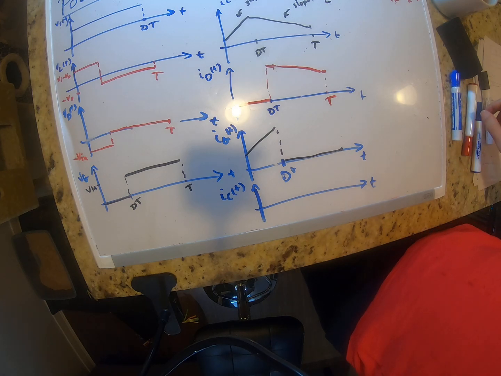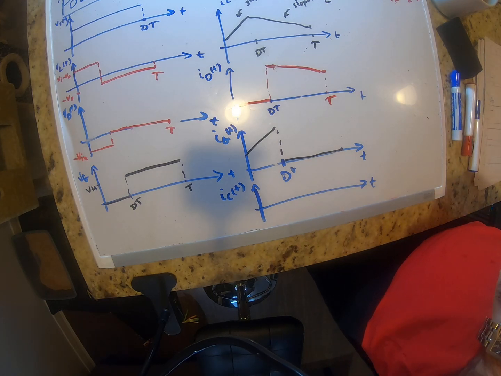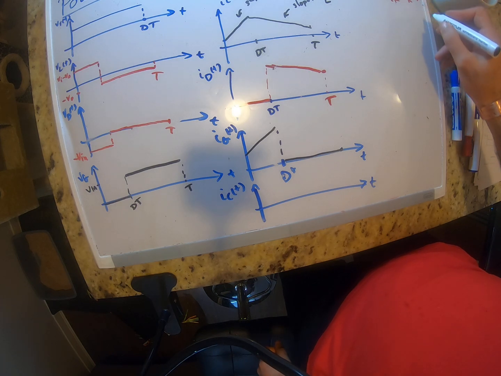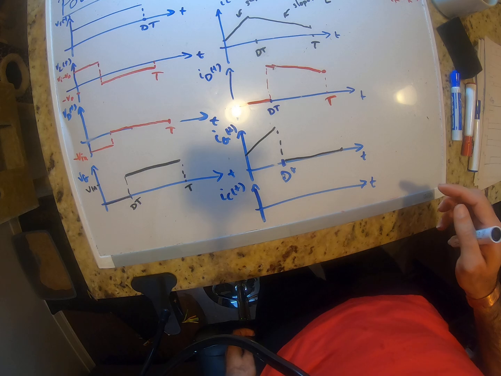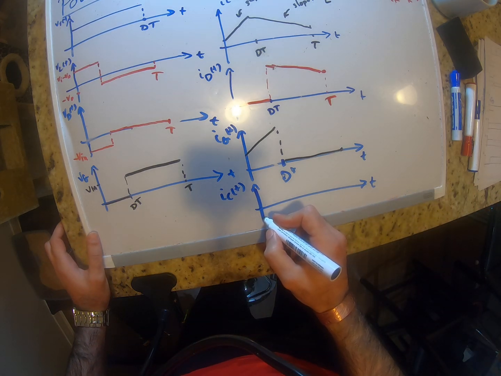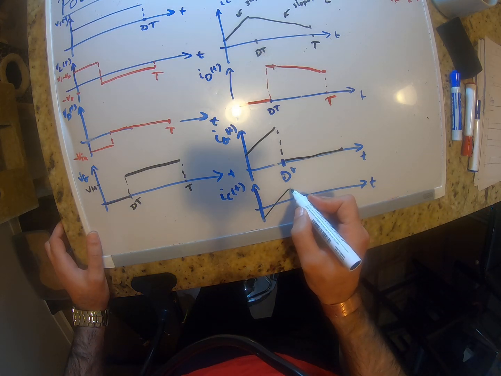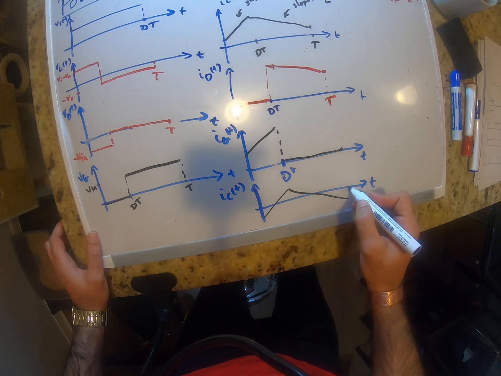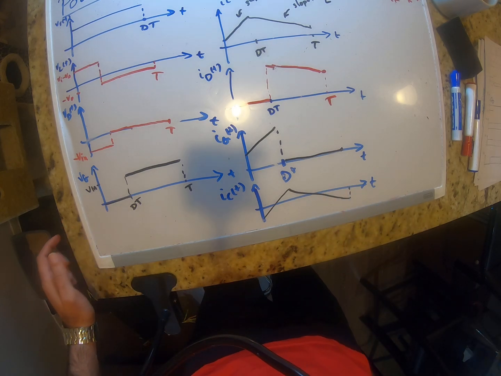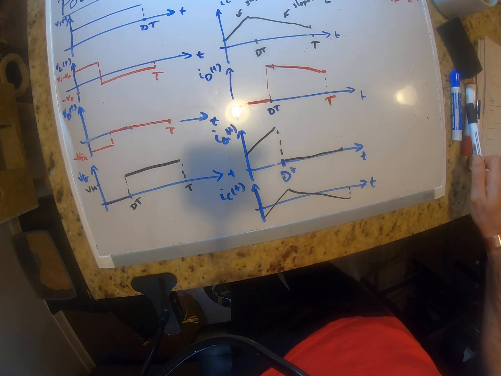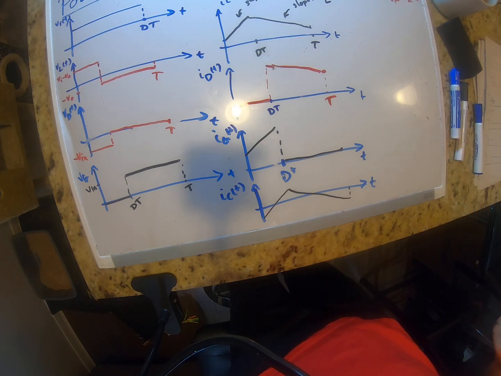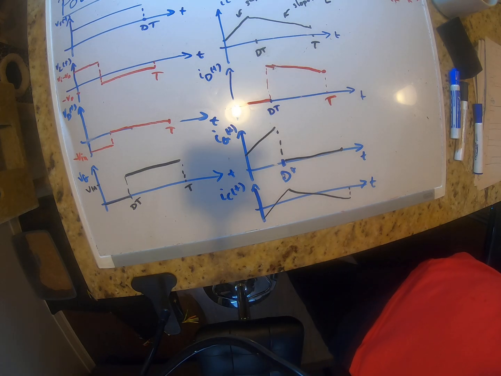So basically, IR is constant. So if I just subtract this value from IL, I would find IC. Okay, let me just do this. So this is basically what we end up with.